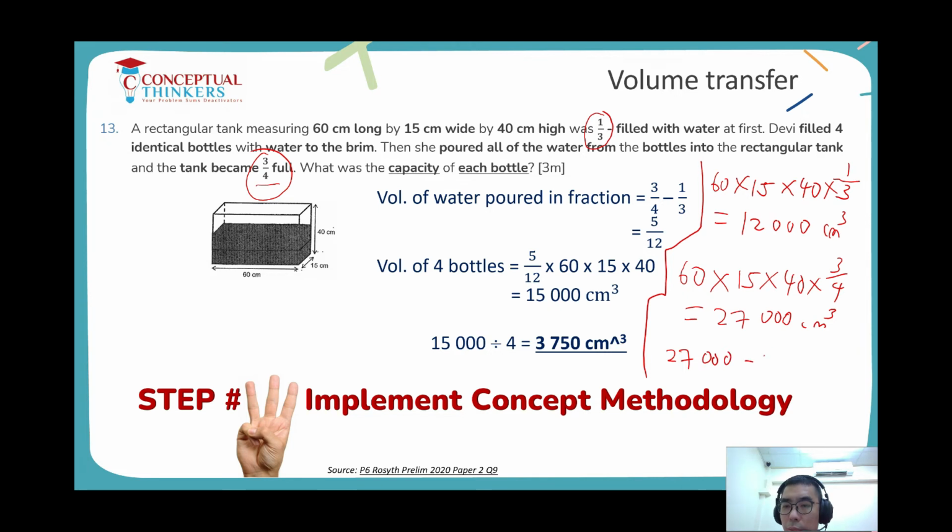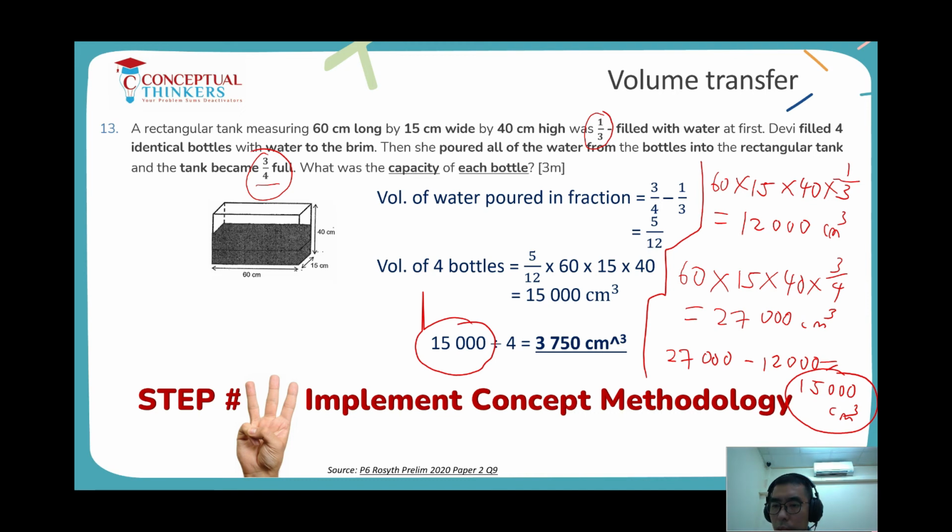That will give me the volume of water poured in using 4 bottles, because she poured in from all 4 bottles. So that will give me 15,000 cm3. You notice that this 15,000 and the earlier 15,000 match. So I'm quite sure that my answer is correct.